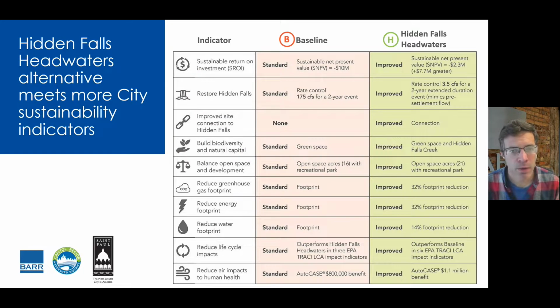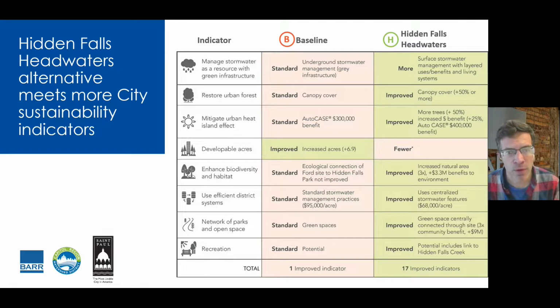We also compared the two alternatives to St. Paul's own sustainability indicators. I won't go through each of these in detail, but they had about 20 factors, and on every single measure of sustainability that they had established for the city and for this project specifically, the district system did better, with the one exception that there would be slightly fewer developable acres on the site going with the district approach.